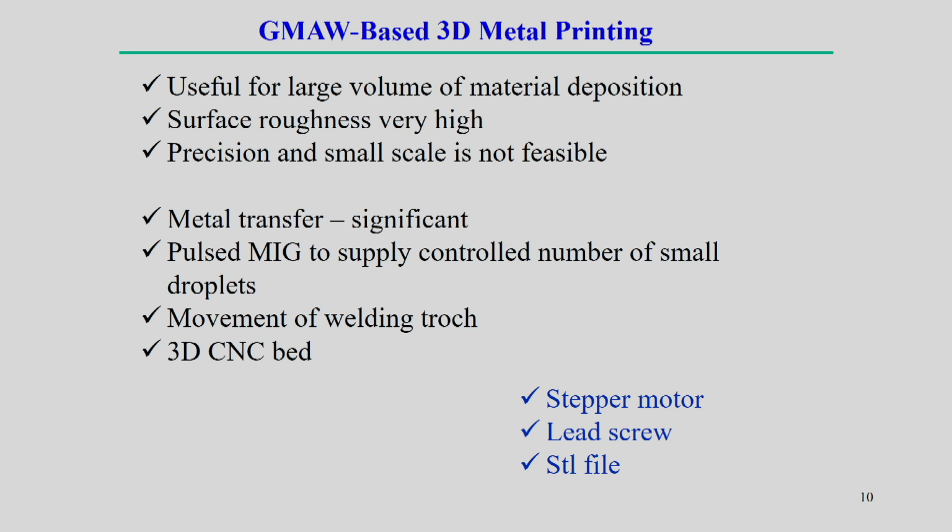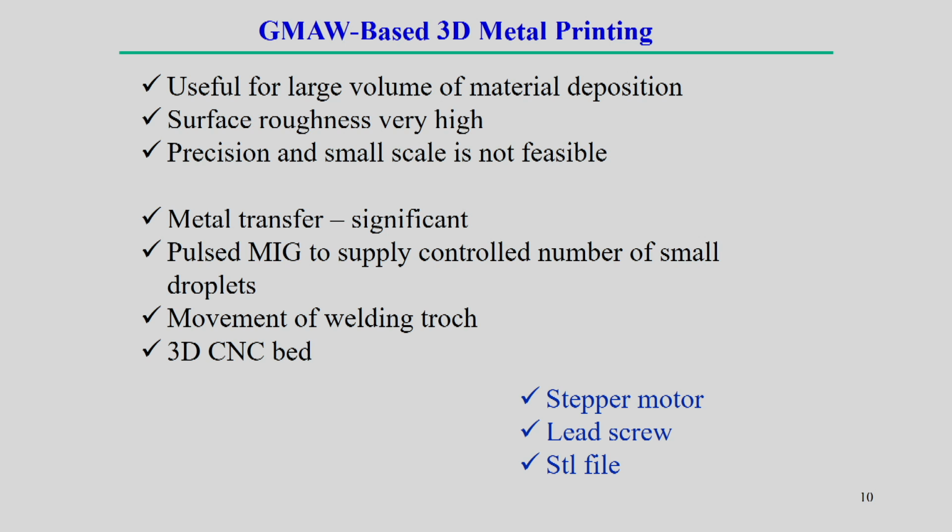In the case of additive manufacturing processes, we can use laser based systems, because the laser can be focused into a very small area, and that focused laser can melt a very selective, very small part with the desired accuracy. But that kind of accuracy may not be achievable using simple GMAW or arc based additive manufacturing technologies, because if the volume of metal deposition needed becomes very high, in this case the arc based technology is more suitable.